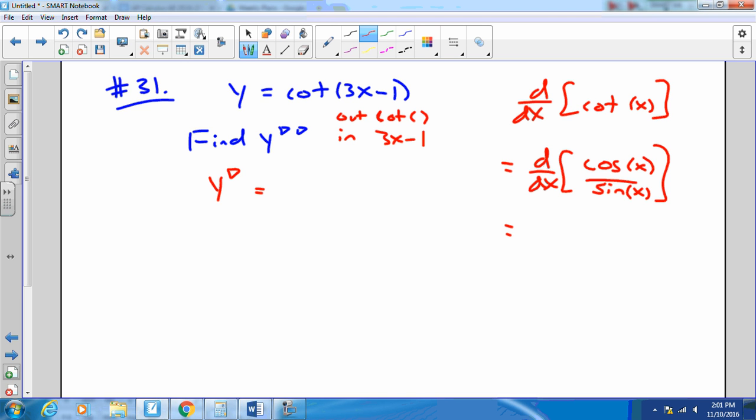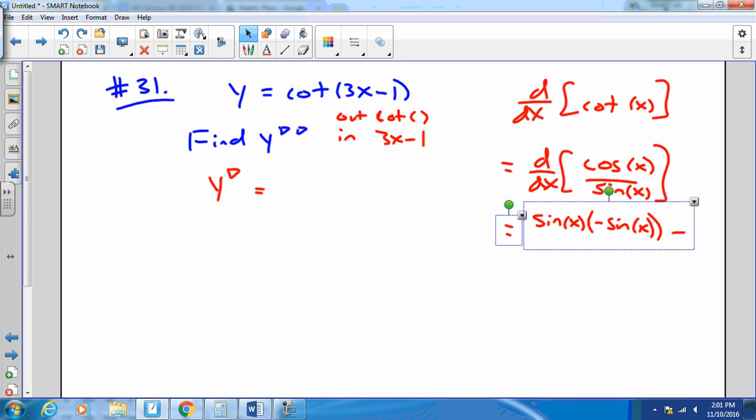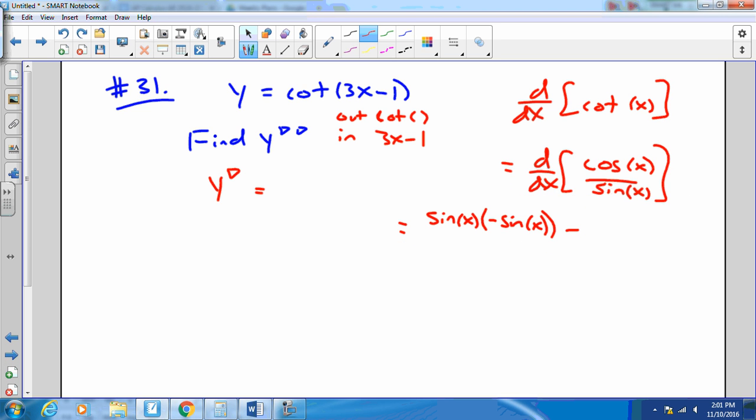Cotangent is cosine over sine. So it's low d-high: sine times the derivative of cosine, minus cosine times the derivative of sine, over sine squared.